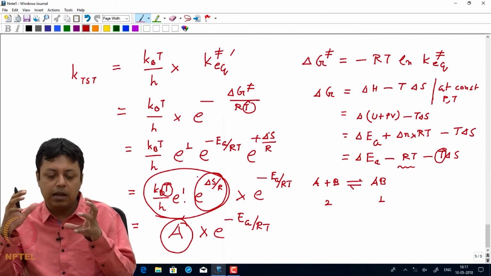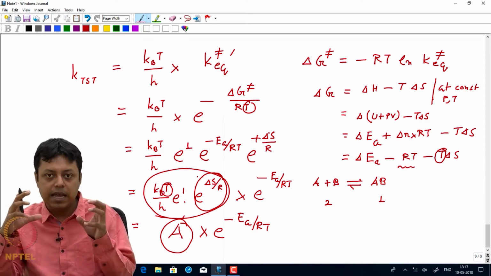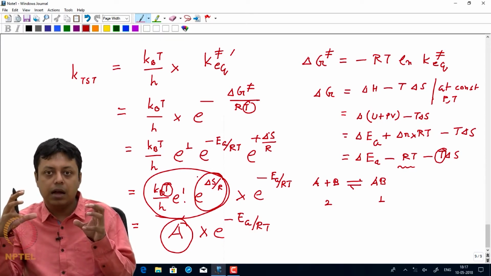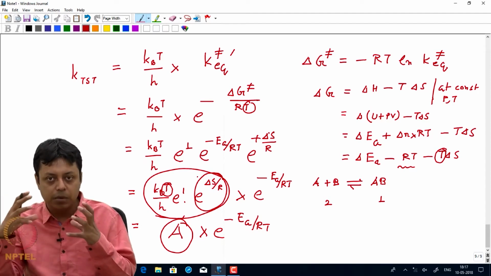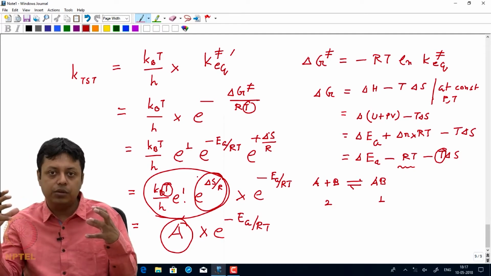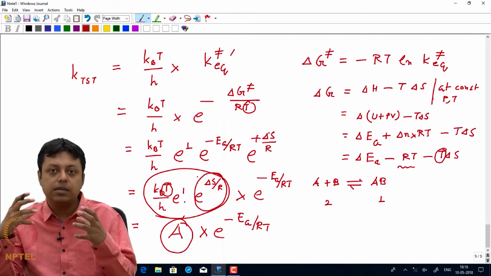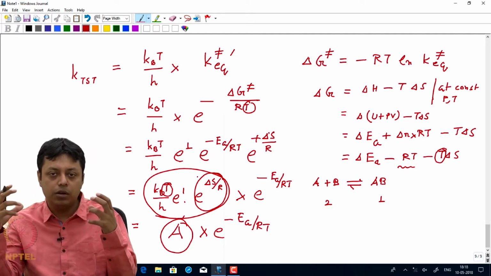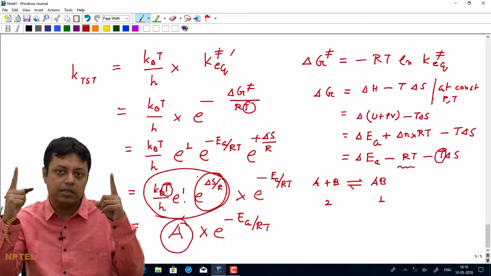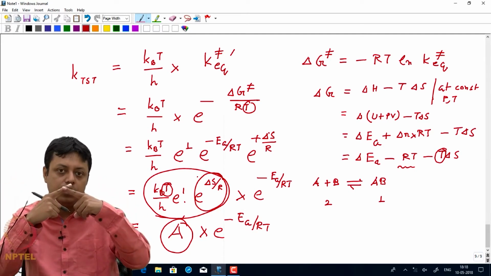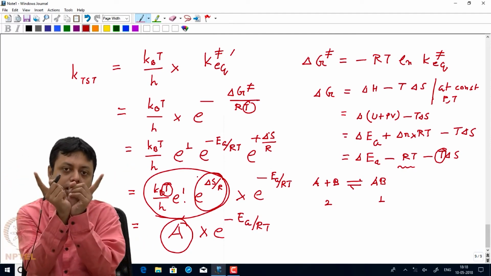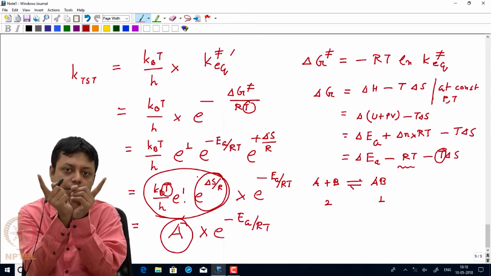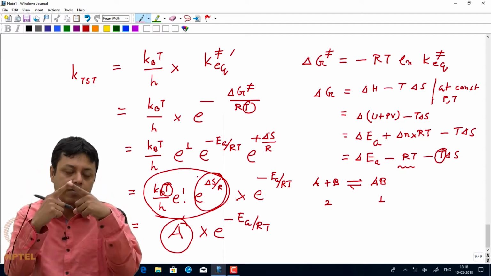We always said that A and B are kind of structureless in this case, but in reality A is a molecule, B is a molecule, and they have to collide in the right fashion. For example, suppose you are talking about collision between two molecules which have two functional groups like this, then these two functional groups should interact with each other like this. So if the collision happens like this, although energetically the collision may be favorable, orientationally it may not be favored.